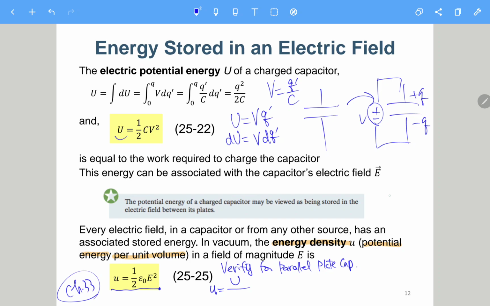For the parallel plate capacitor, the volume equals A times D, where A is the cross-section area and D is the distance between the two plates. So u is U over A times D. Here we already have U to be 1/2 CV squared, so we put 1/2 CV squared over A times D.